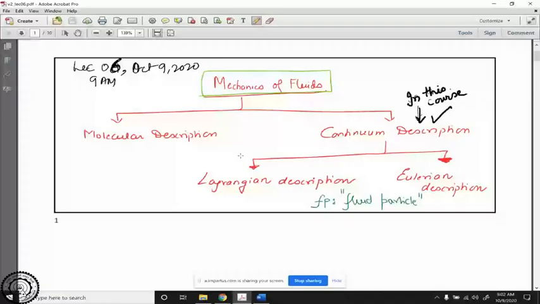So we will see more details about these two possible ways of describing mechanics of fluids. You may recall I said for continuum description, the smallest entity is fluid particle, and that is considered to be a point mass. I will refer to this phrase many times, and in my notes, many places you will see the acronym FP. FP means a fluid particle.